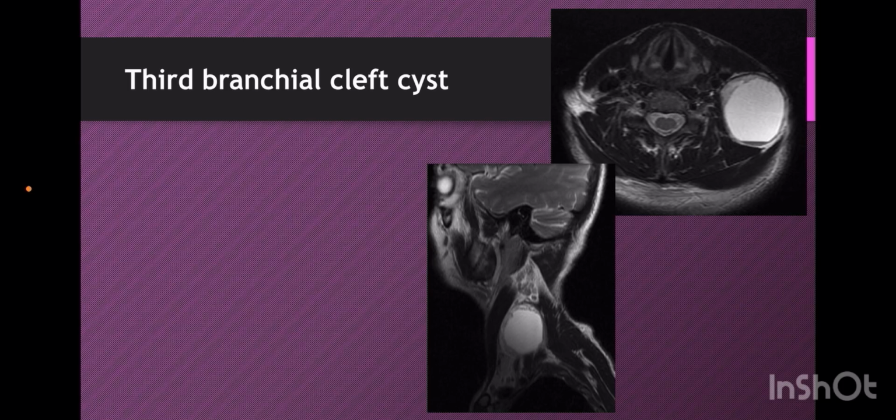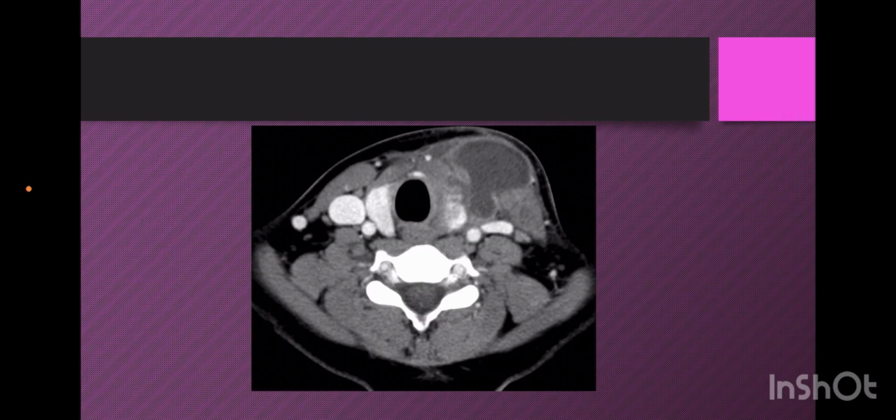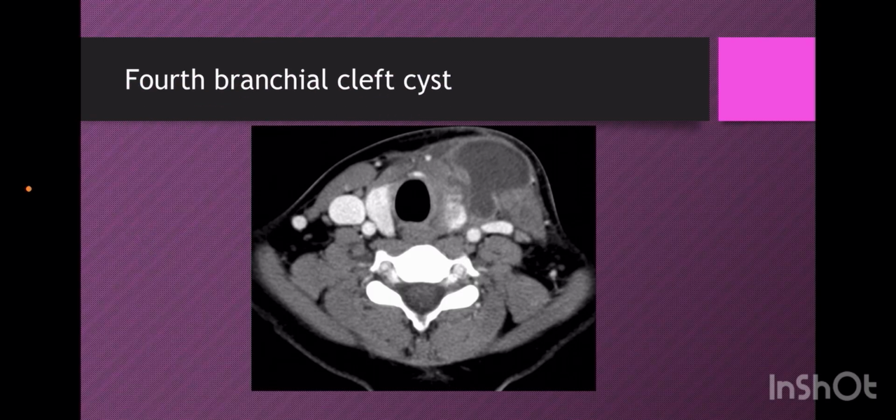So whenever you see a cystic structure in the posterior triangle, think about two pathologies: one is cystic hygroma or lymphatic malformation, or the third branchial cleft cyst. And this one is a fourth branchial cleft cyst, which usually presents with recurrent thyroiditis.